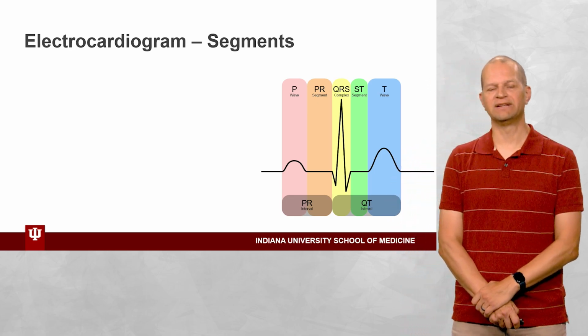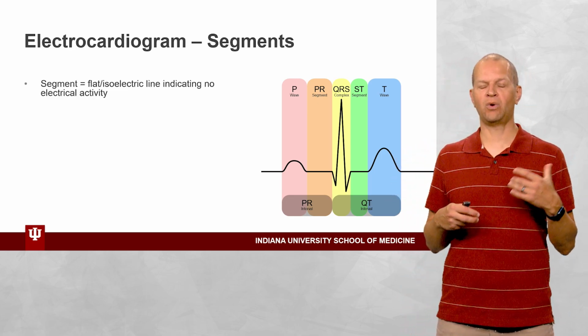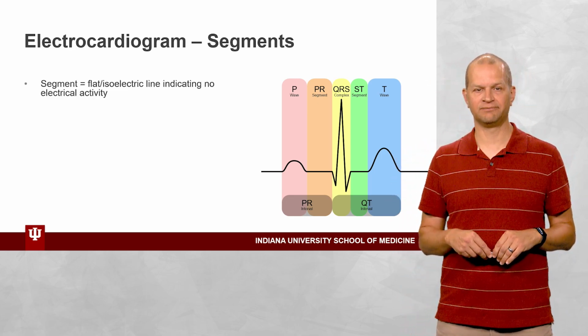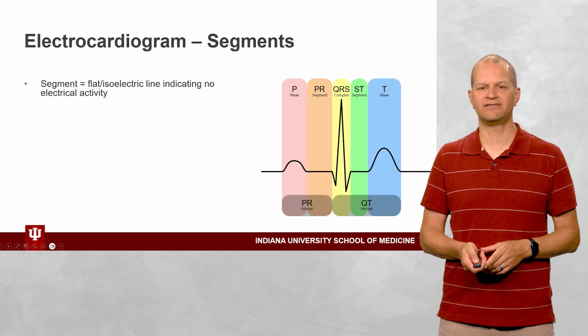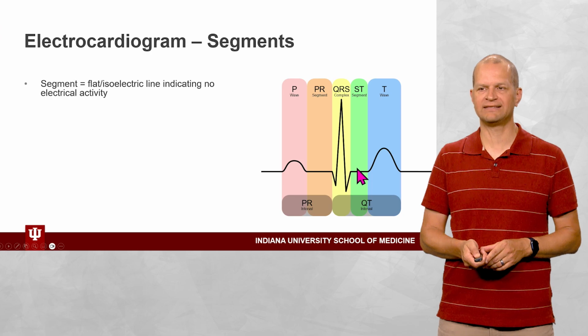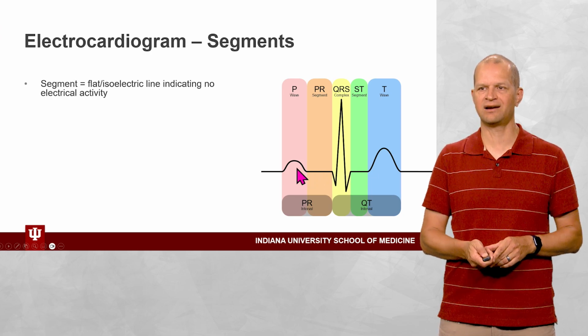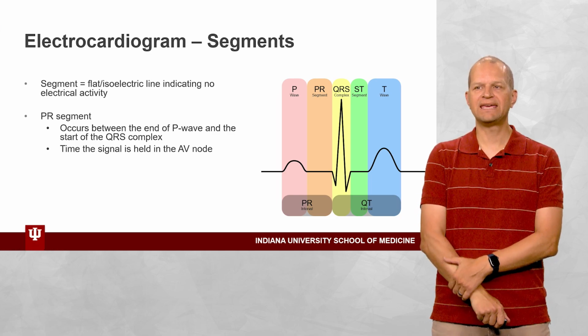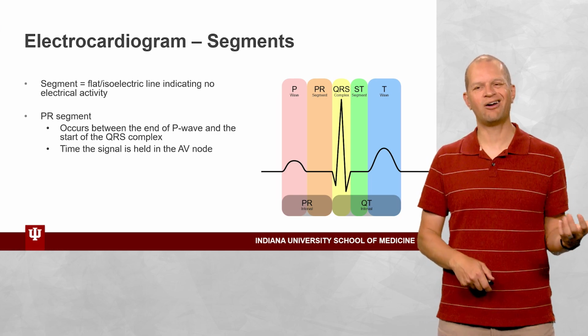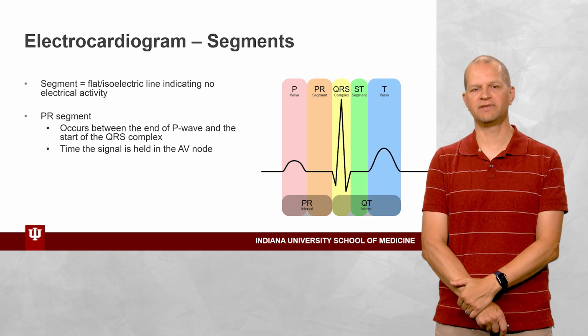So then we've got segments. Segments are what we call an isoelectric line. What that means is there's nothing that's going on, at least there's no electrical activity. And so you can see that multiple places. We've got one here and we've got one here, and then you've got this big long one as well. So you've got the PR segment. Now there is a PR interval as well that you can see on the bottom of this figure.